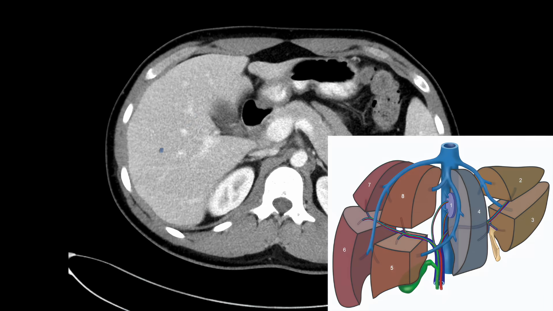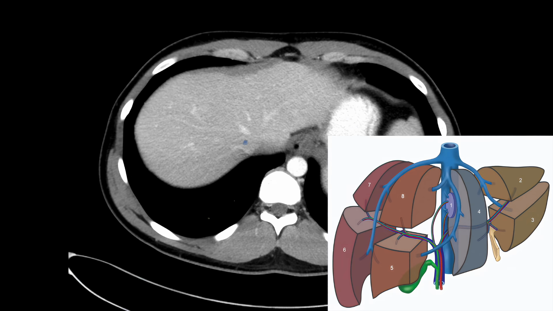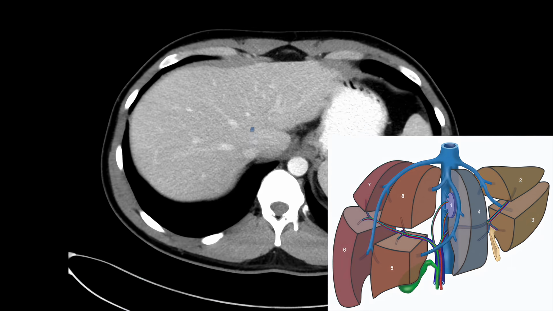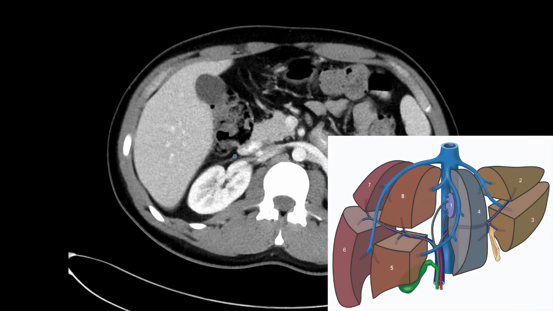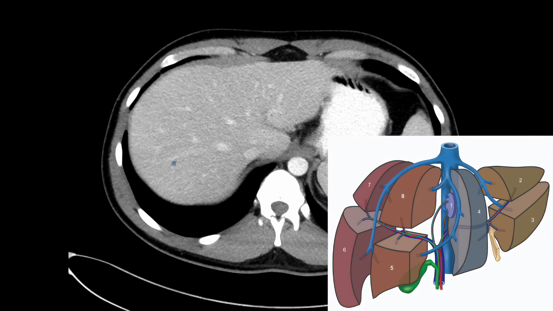Below the portal vein and here is segment 5. That is between the middle and right hepatic vein, but way down here under the portal vein is segment 5. Segment 6 is posteriorly here. Segment 7 is superiorly, so above the right portal vein, but to the right of the right hepatic vein here.